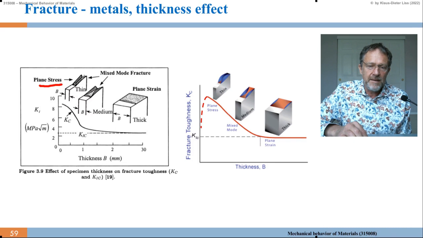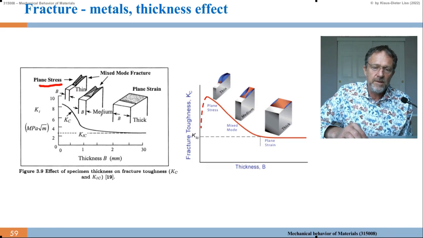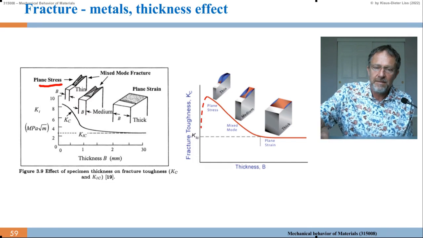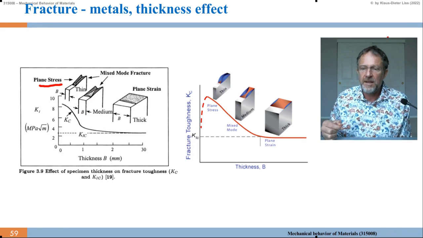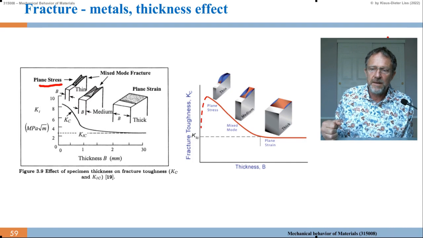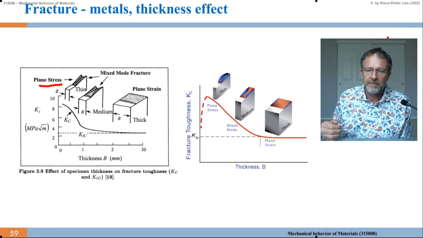So we get here the plane stress fracture. Here we get the plane strain fracture. And here we get a mixed mode of fracture in the medium constellation. For plane stress fracture, we take a plate, and we know already the Schmid factor is highest in the 45-degree direction. So we get slip in the 45-degree direction and shear bands in the 45-degree direction.